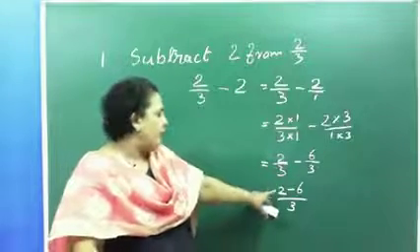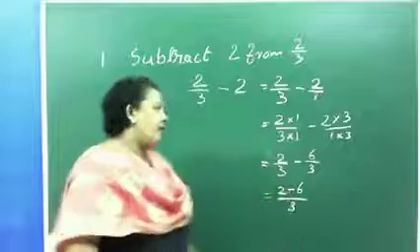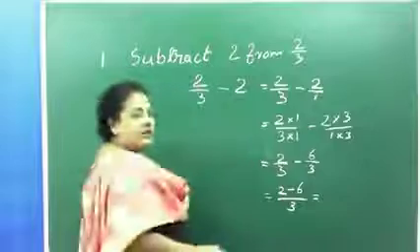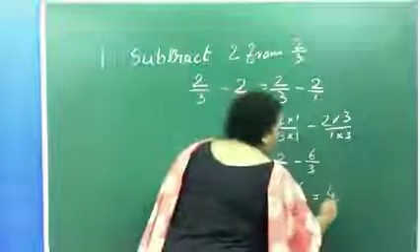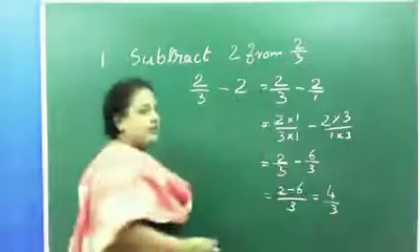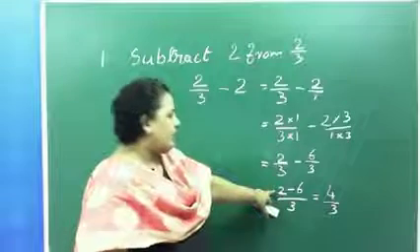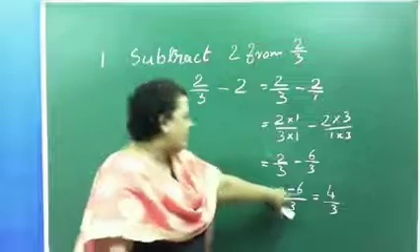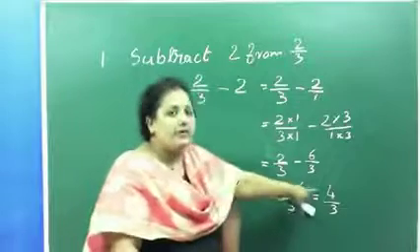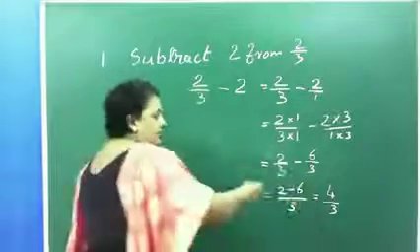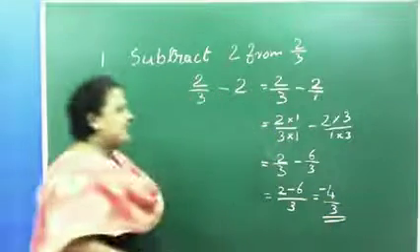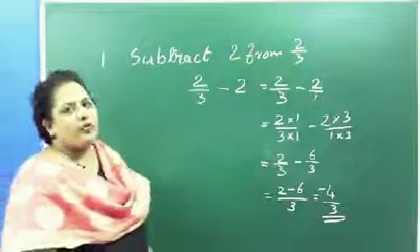Because 2 minus 6, we already know 6 minus 2 you will get 4, but according to the rules of operations of integers, when negative numbers and positive numbers are coming, here it is 6, here it is 2, when you subtract, in the answer a negative will come, so that is negative 4 by 3.